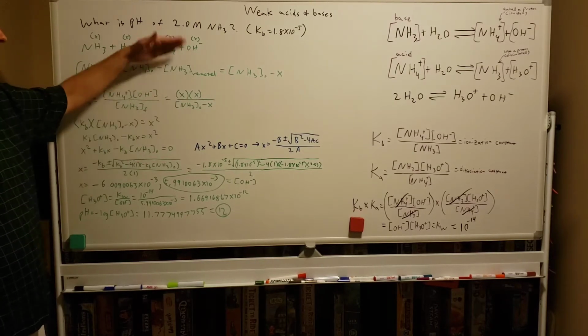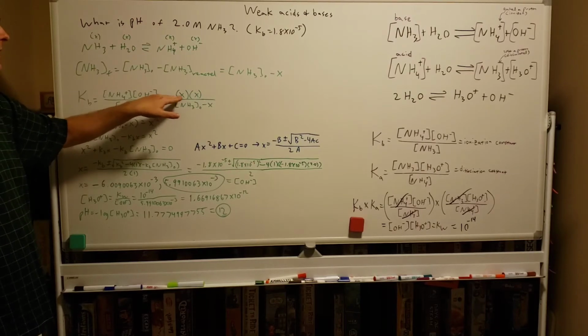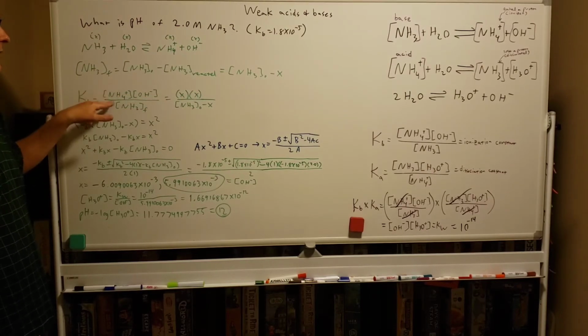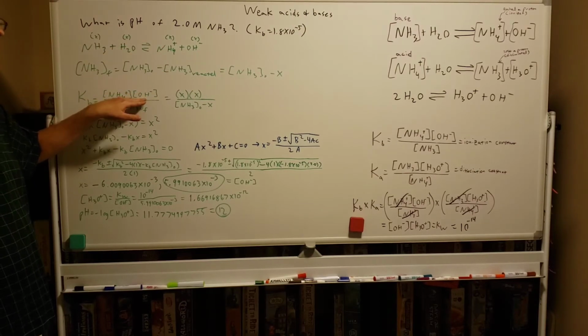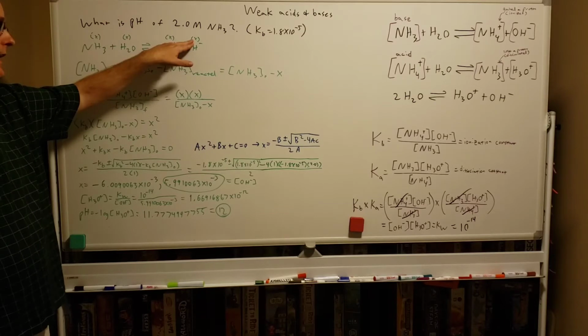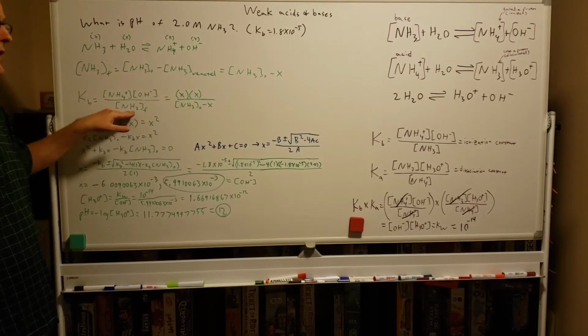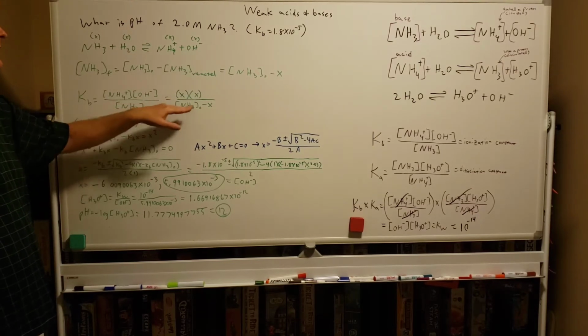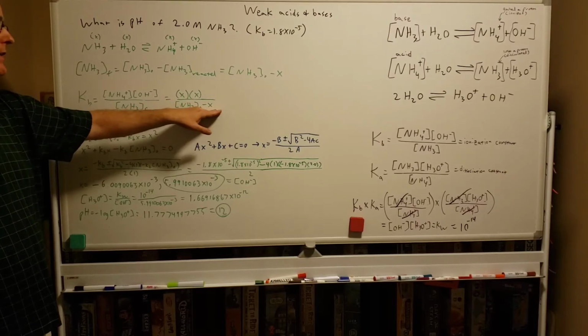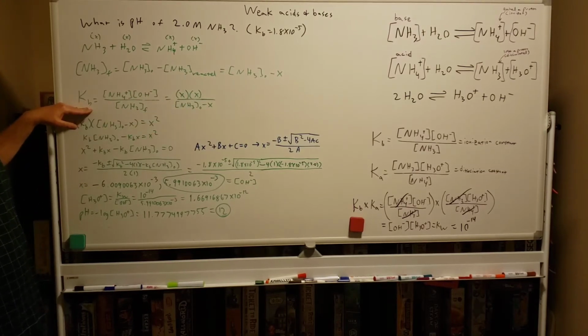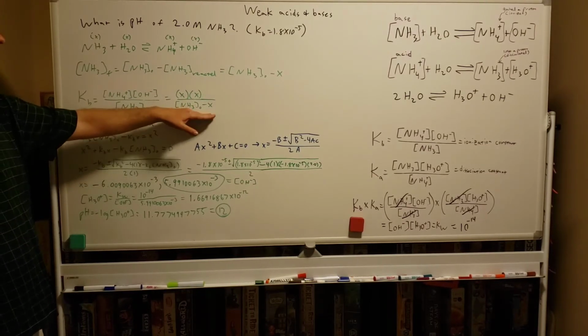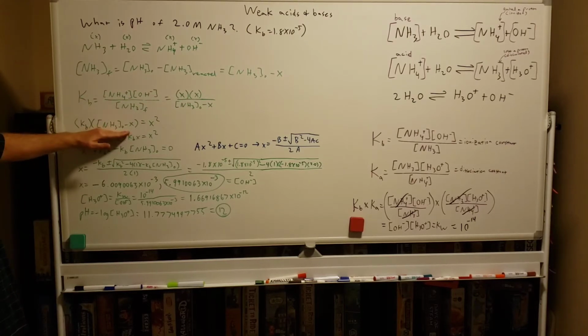Substituting in for what we've set up here, the concentration of ammonium is X, the concentration of hydroxide is X, and the concentration of ammonia that I still have is the initial minus the amount that reacted. This is my relationship, and that is equal to my ionization constant.